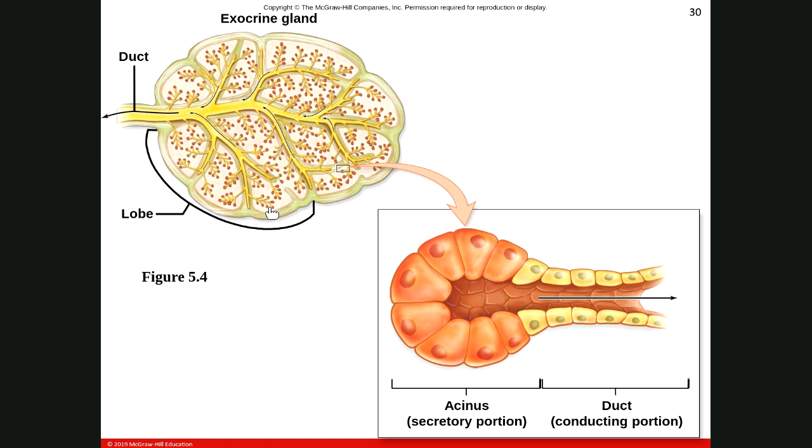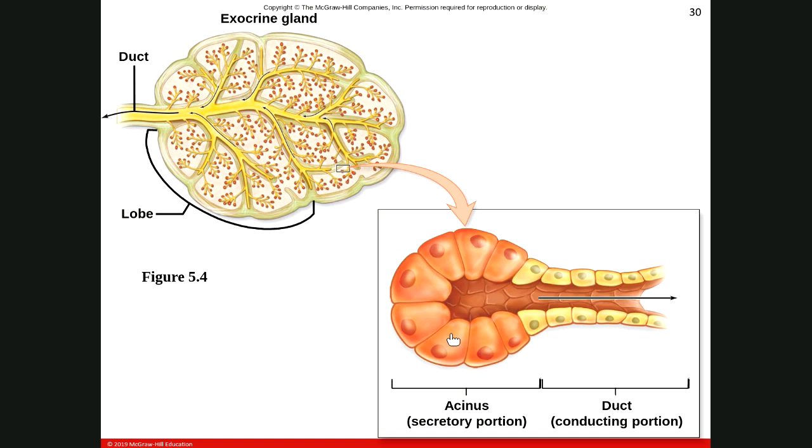Now we're going to zoom in on this area here. Don't these look like grapes, like when you see grapes off a vine at the grocery store? When we zoom in, it has a very similar structure to grapes. This bulbous, rounded swelling region is the part of the gland that makes our secretions.